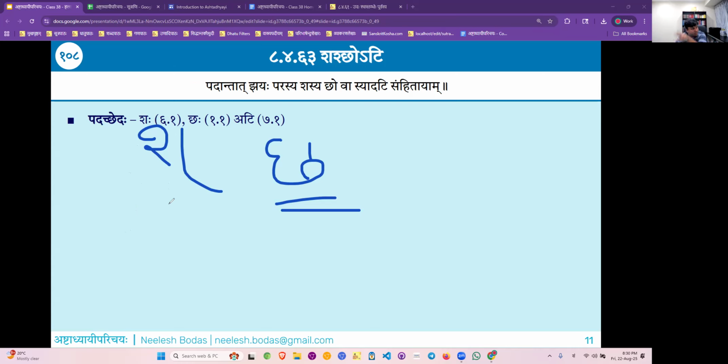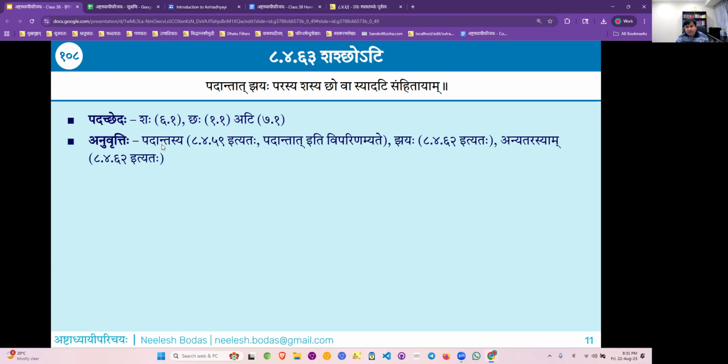Otherwise it will be shasya, so gaurava will be there. To avoid that, he says shah, where the pratipadika is the halanta sh, whereas for chah he selects the pratipadikam with an uchcharartha akara embedded in it.